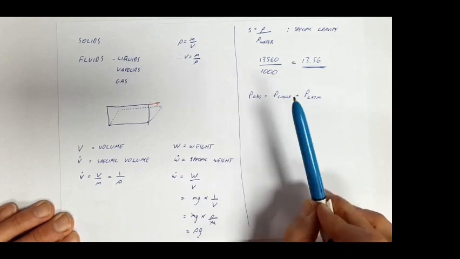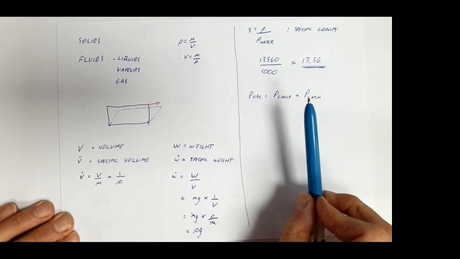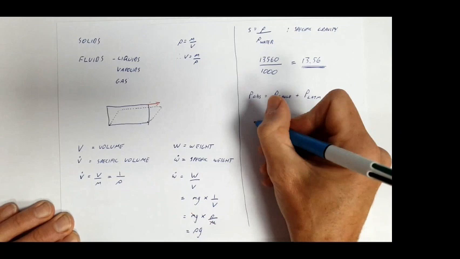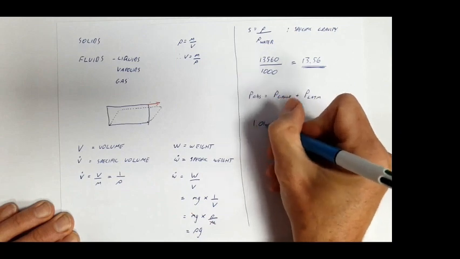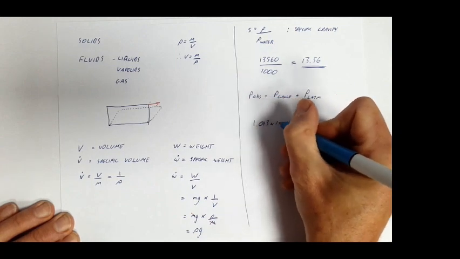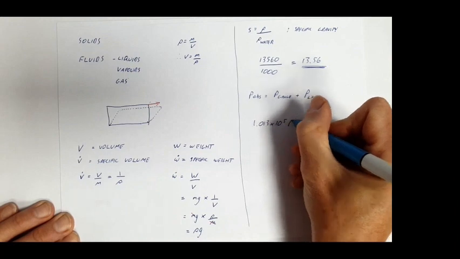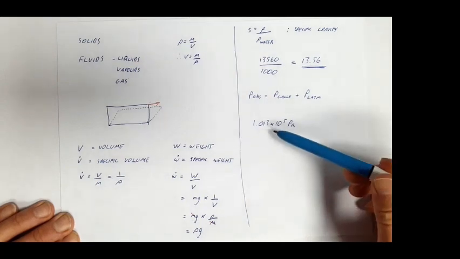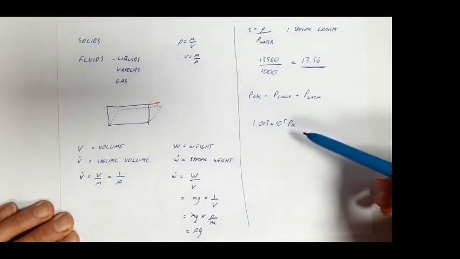Are we measuring it relative to the local atmosphere, or relative to a vacuum? When we talk about standard atmospheric pressure, it is 1.013 times 10 to the 5 pascals.